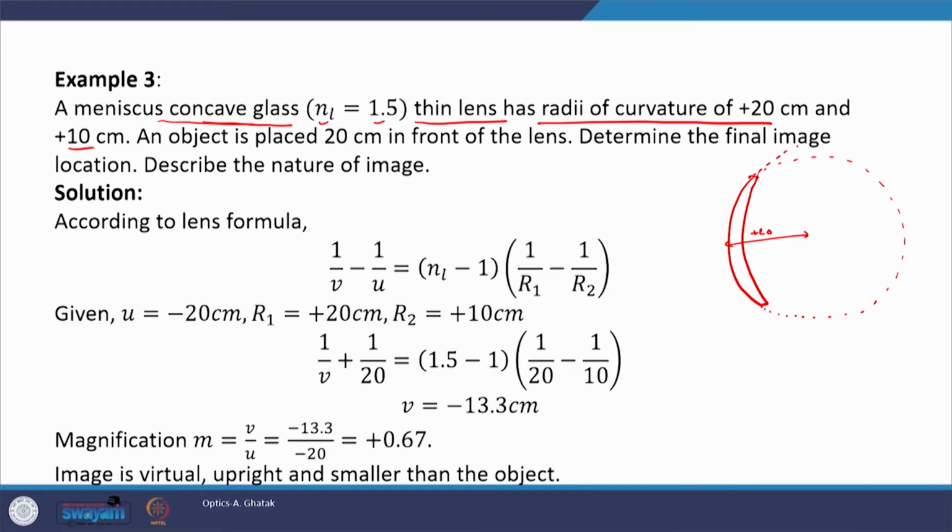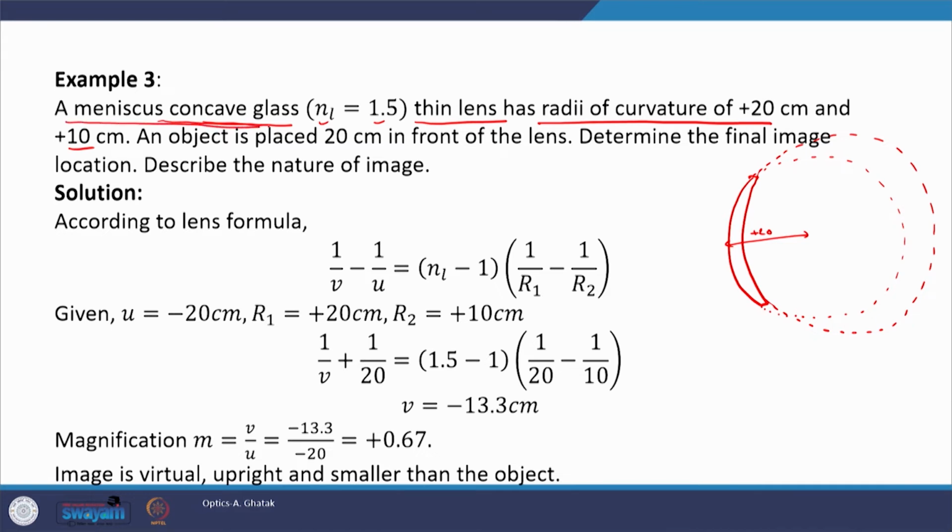Similarly, you can form the second sphere if you extend the curve, and the second sphere is again on the right hand side of this lens, and therefore the radius of curvature of this sphere would again be positive. Okay. Now again I will reread the statement.